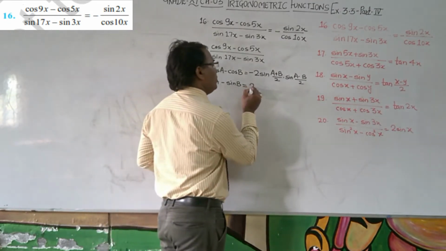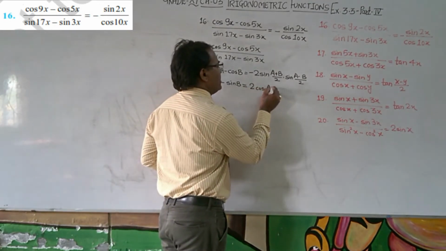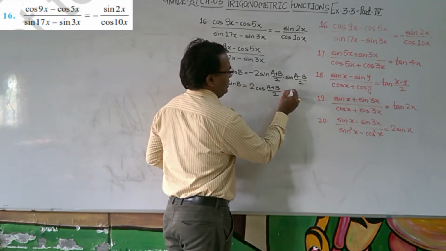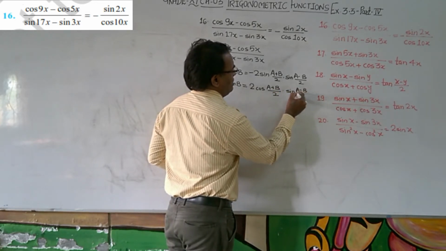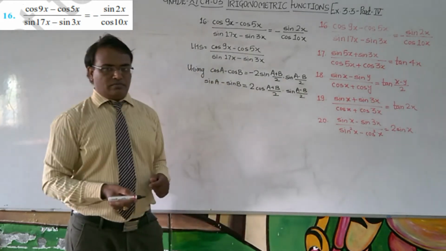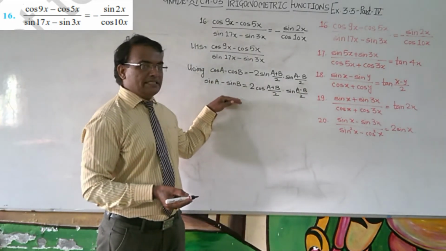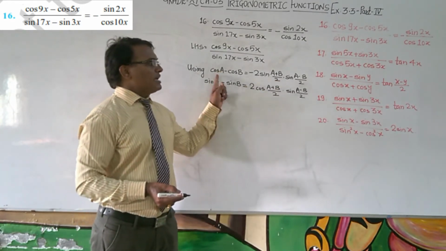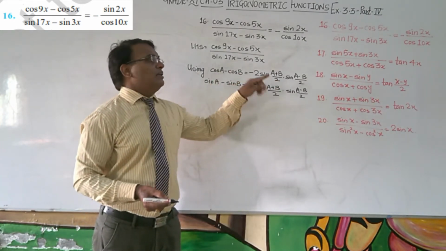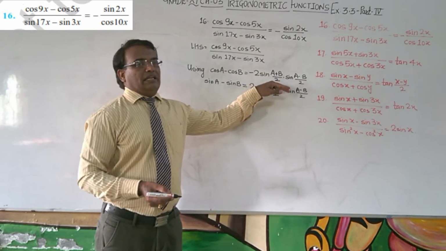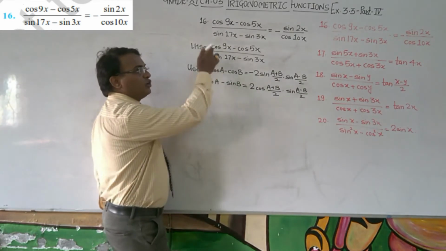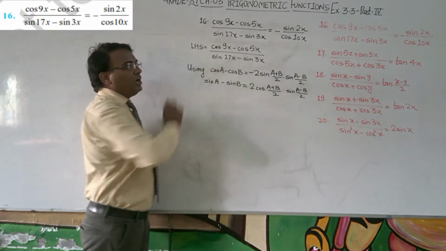It is 2 into cos (A plus B) upon 2 into sin (A minus B) upon 2. Because whenever it is sin A minus sin B, then cos will come first, sin will be the next one. Whenever cos A minus cos B is there, then both will be converted to sin and sin, and with the negative sign. So the first formula for numerator and the second formula for denominator.